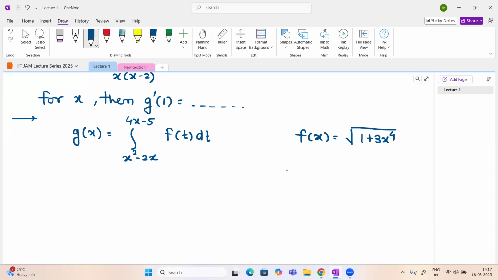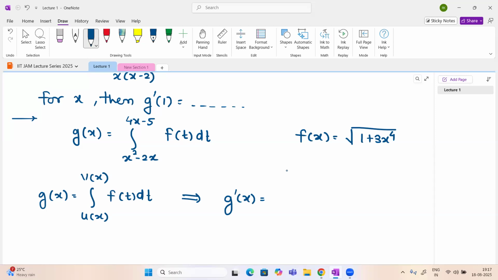So let me write it first. Suppose g of x is equal to the integral from u of x to v of x of some function f of t dt. And suppose you have to find the derivative g dash of x, then what are you supposed to do?